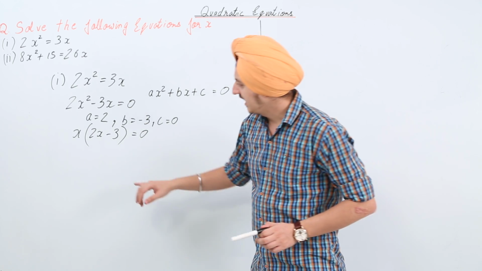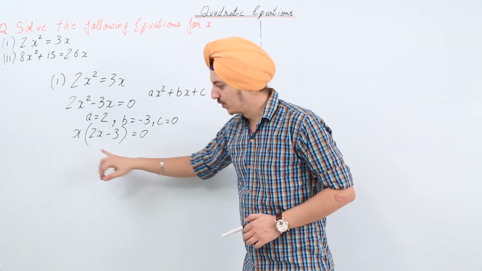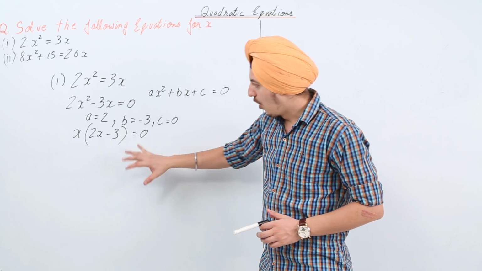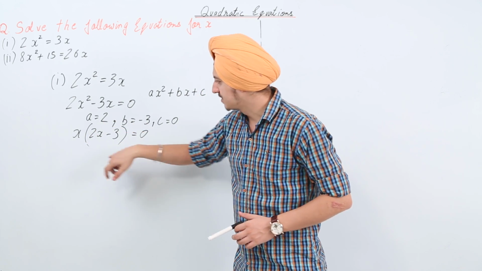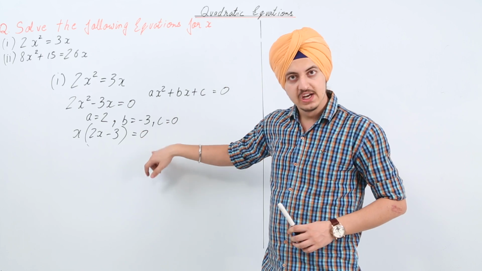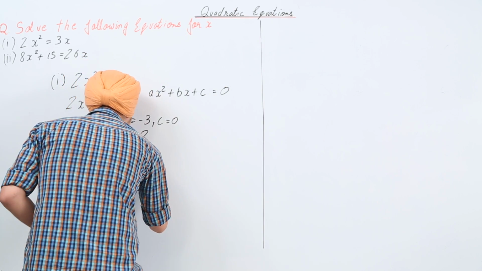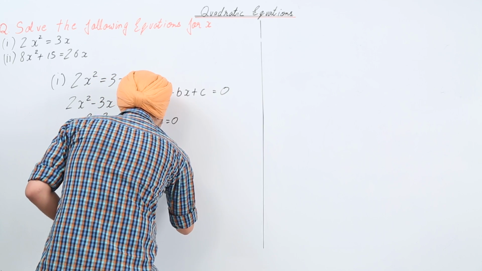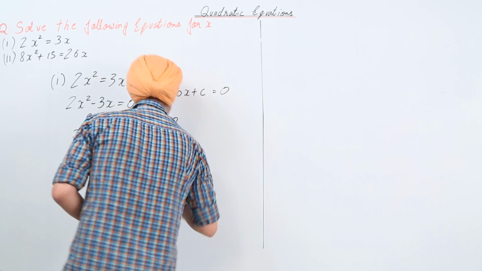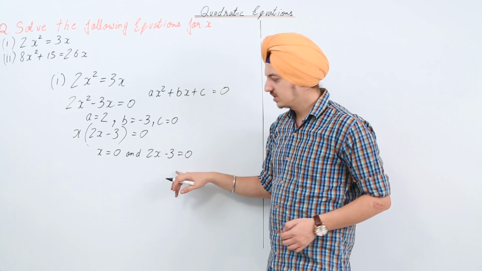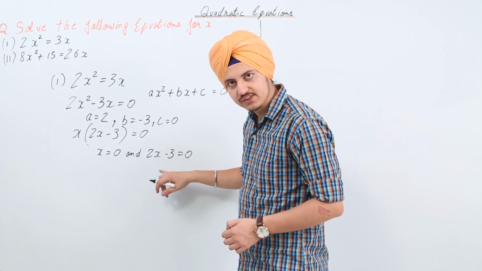Now we know that if x is equal to 0, this term will come out to be 0, or if this whole bracket becomes 0, then this term will again come out to be 0. So we have x equal to 0 and 2x minus 3 equal to 0. These are the two solutions. We have to calculate the value of x from here.